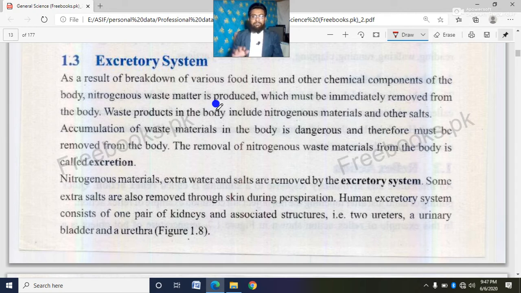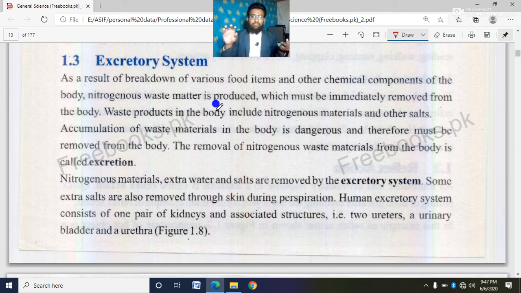Dear cadets, different chemicals and different compounds in our body are broken down. When they are broken down, they are converted into different particles, different material.